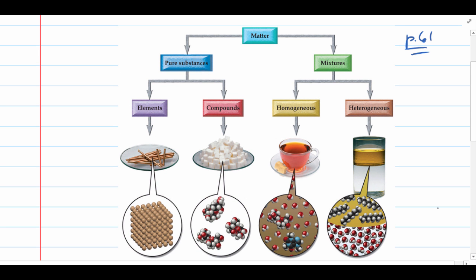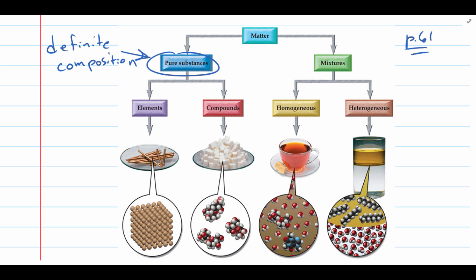We classify matter based on how it's present, either as a pure substance or as a mixture of substances. When we look at something that we say is a pure substance, we say it has a definite or fixed composition, while mixtures, on the other hand, we say have a variable composition.